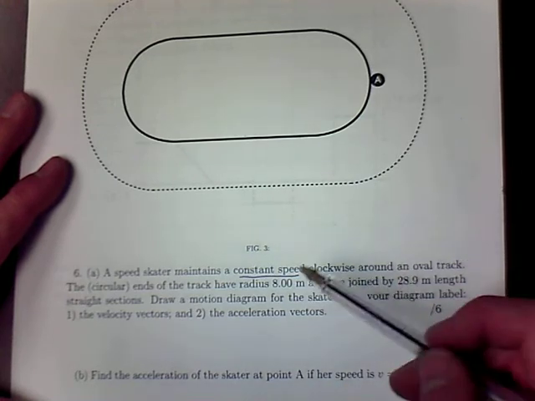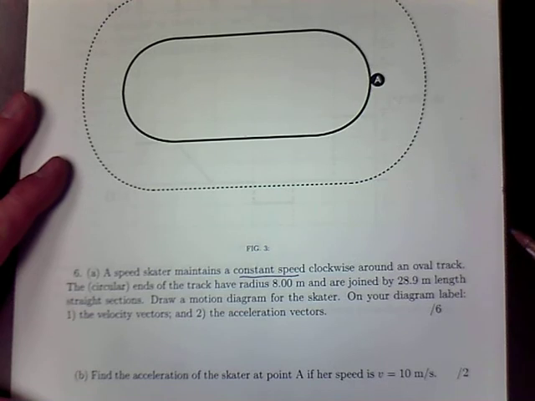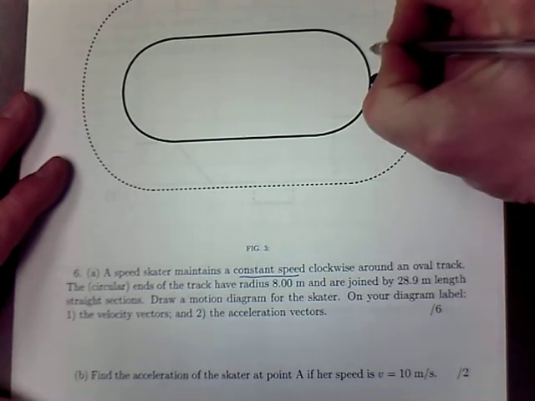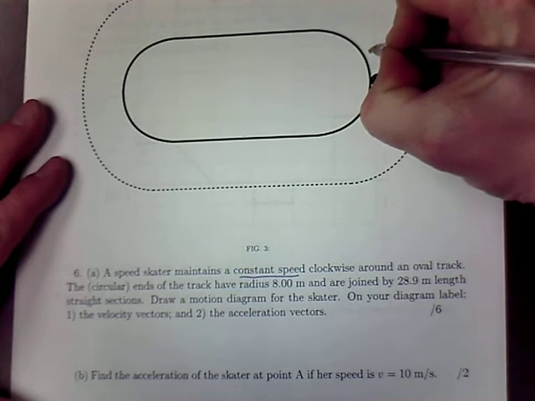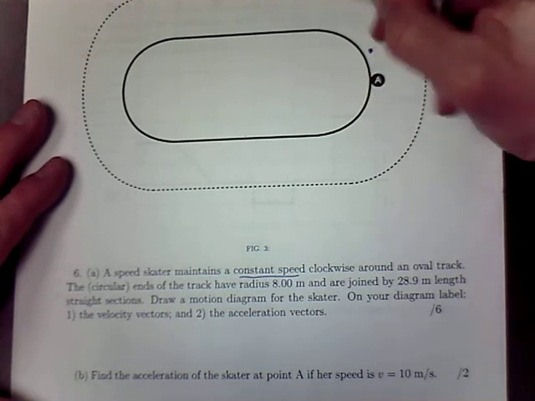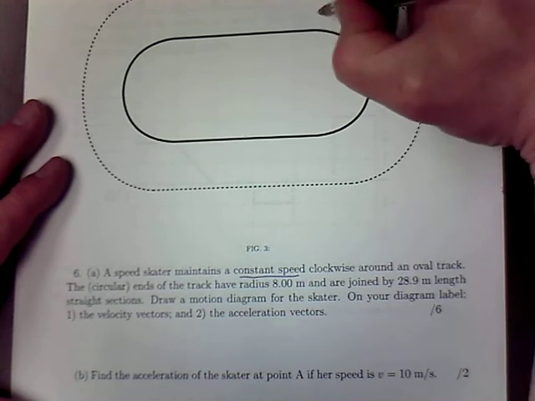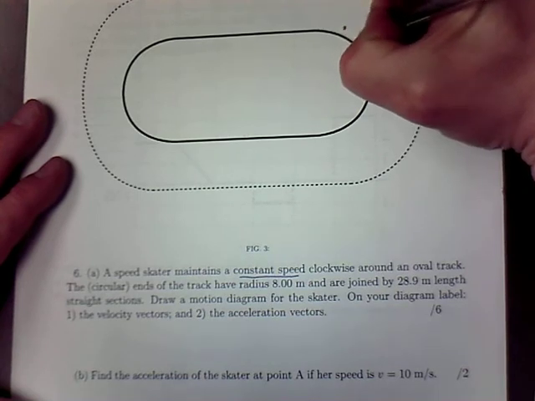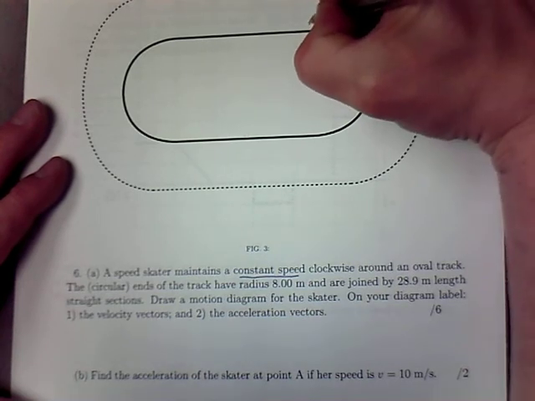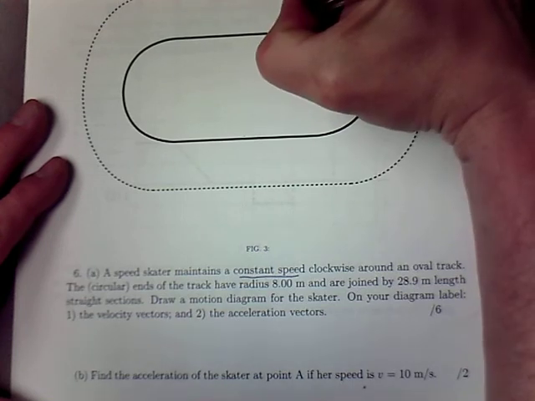So to start out with, we know we're at constant speed, so we should be putting dots equally separated in space around our motion diagram. So if that's our initial distance between two dots, we'll try to maintain that same distance as we go around our motion diagram.